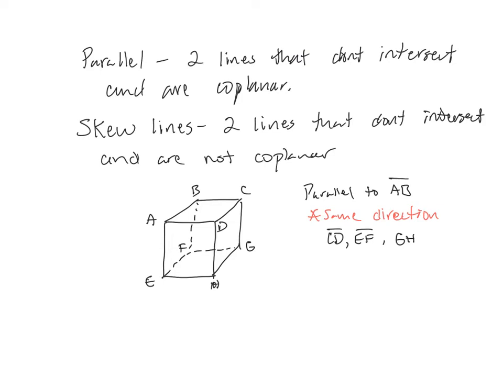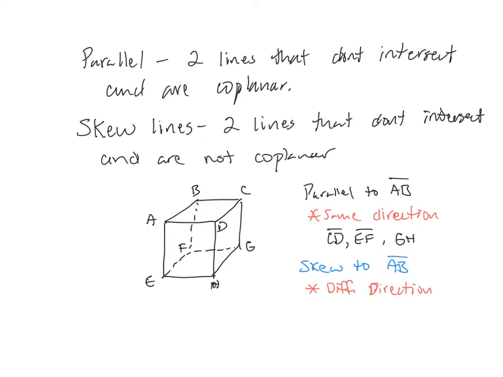Okay, so if I said skew to AB, we're looking for a different direction. So AB is going front to back. Skew lines aren't going to go front to back, and they're not going to intersect with AB.